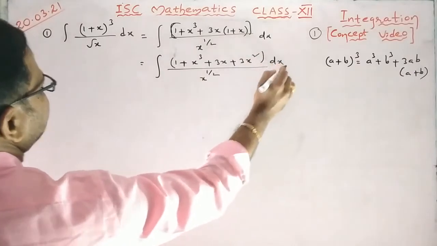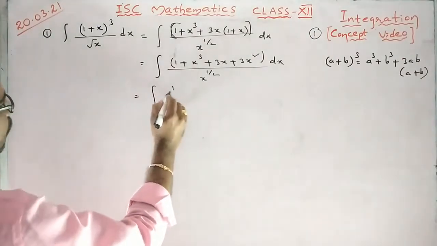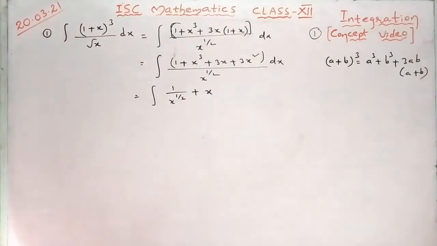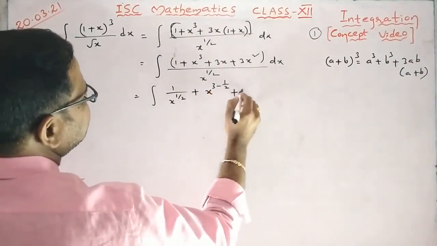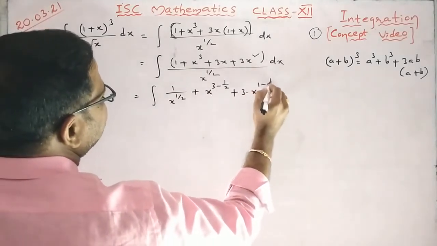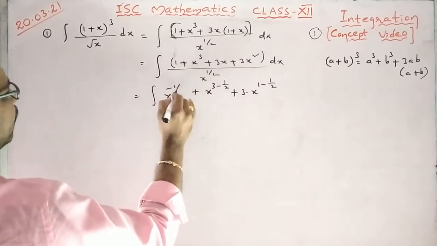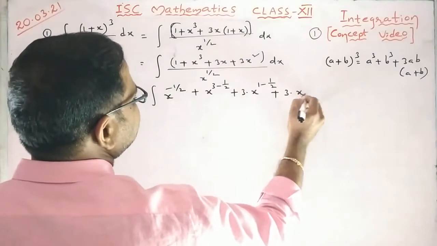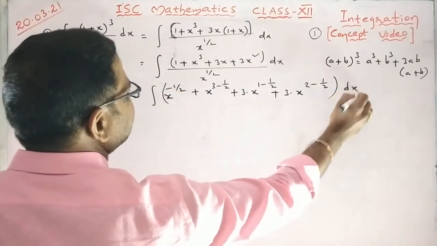Now I am splitting the integration: 1 by x to the power 1 by 2 plus x to the power 3 minus 1 by 2 plus 3 times x to the power 1 minus 1 by 2, which I write as x to the power minus 1 by 2, plus 3 times x to the power 2 minus 1 by 2 dx.